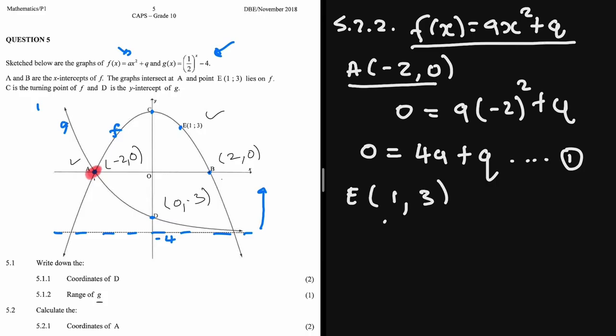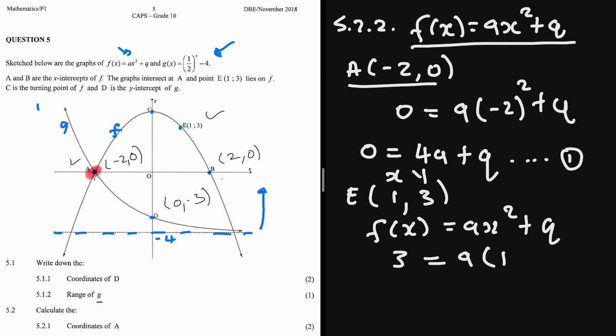So that means now on our function of f, which is f equals to a x squared plus q, where we see x, we're going to put 1, and where we see y, we're going to put 3. So remember, f at x represents the y, so we're going to put 3 here, and then we have a, and then this is 1 squared plus q. So if we simplify everything, we're going to say now 3 equals to a, because 1 squared is going to be 1, and then we have plus q here. So this will be equation number 2.